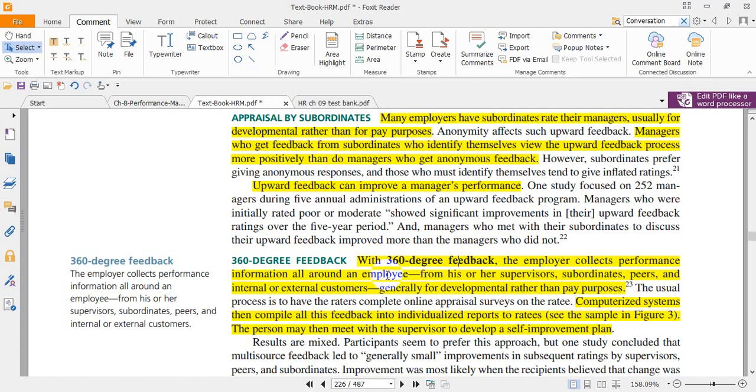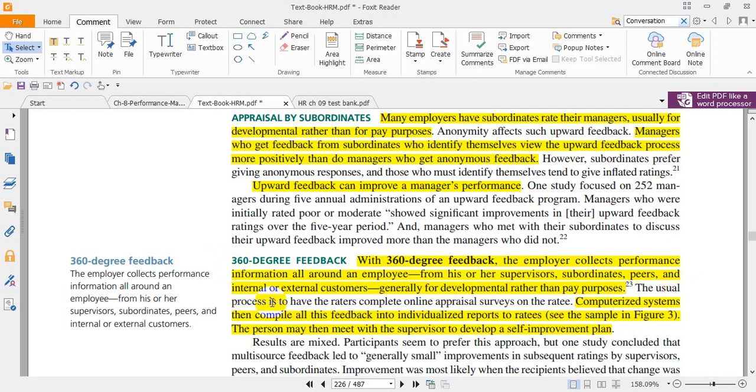Collect the information about the performance all around the employee from his or her supervisors, subordinates, peers, and internal or external customers, generally for developmental rather than pay purposes also. This method can be used also for developmental rather than pay purposes.